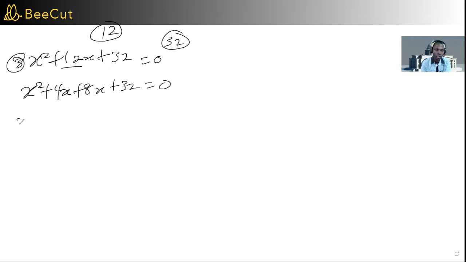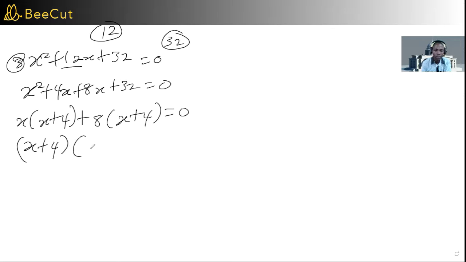So you factorize x into x plus 4, then plus what is common to this? 8 is common, right? So plus 8 into x plus 4 equals 0. So what is common now? x plus 4 is common into x plus 8 equals 0.